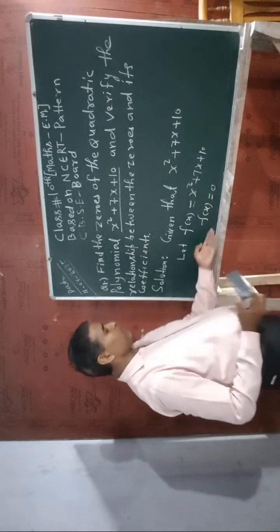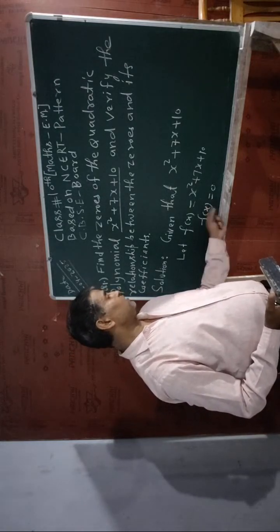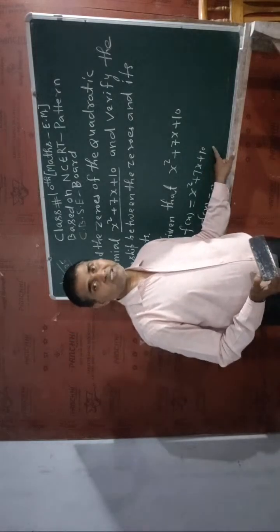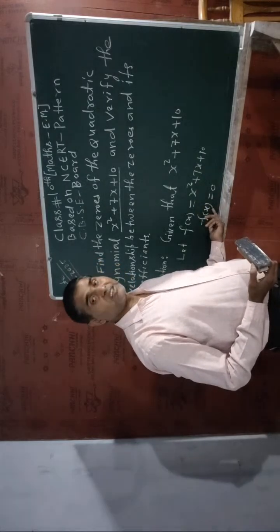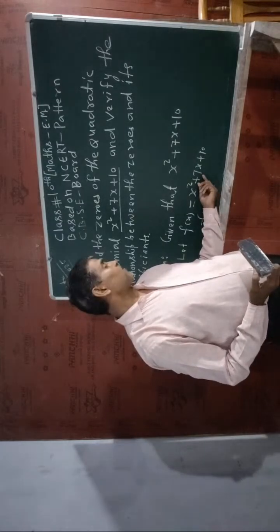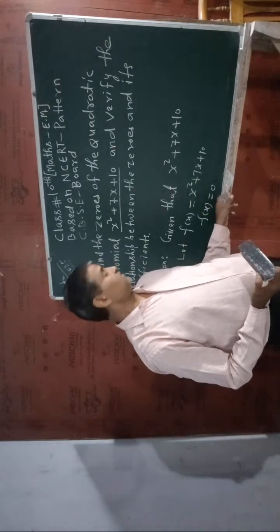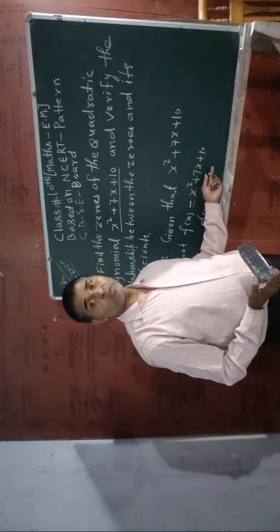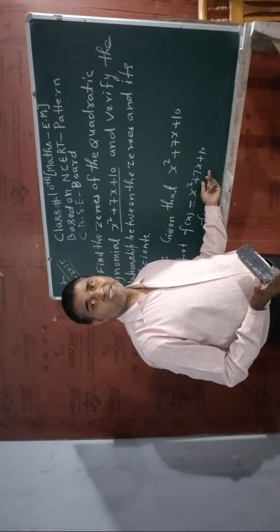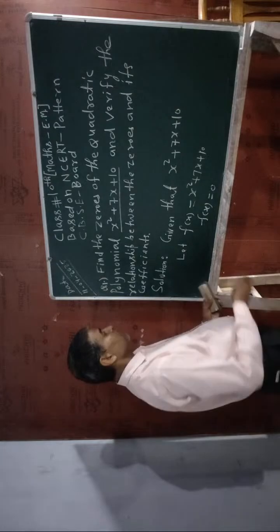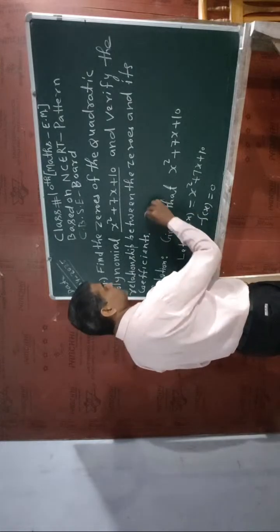That means in the place of f(x) I will put its value, x squared plus 7x plus 10. After putting it here, I will take the factors, because this polynomial becomes an equation. This is a quadratic equation, and we will get its roots by the factorization method.